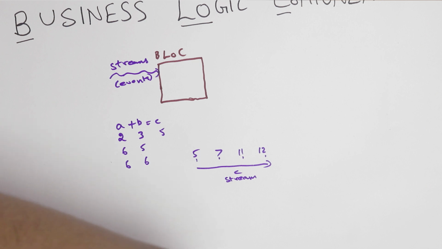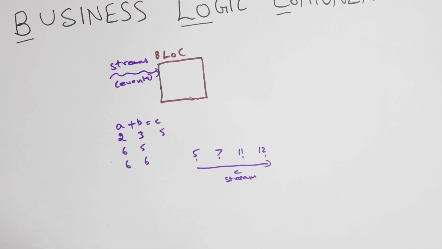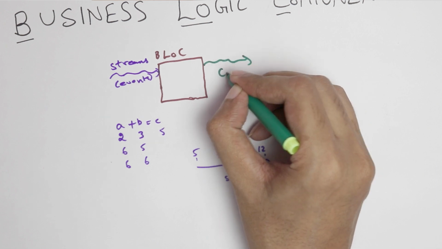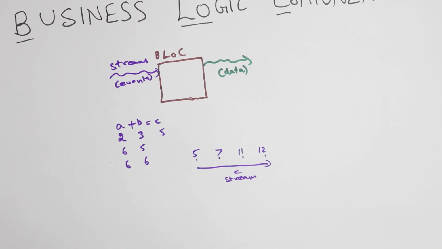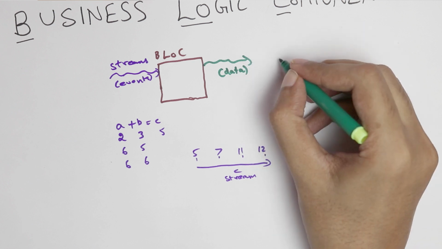And as usual, a stream of data is given out as output from this. Let me probably use a different color. A stream of output data is given off from this business logic component, which is the actual processed data. This processed data is then transferred to the listener.